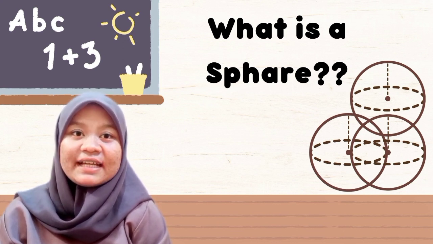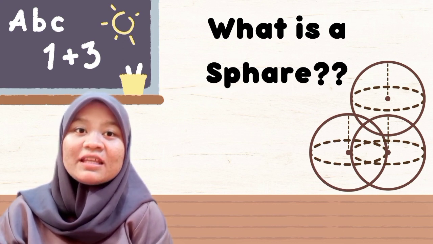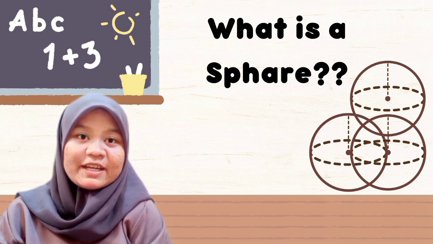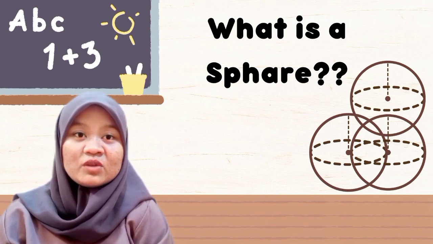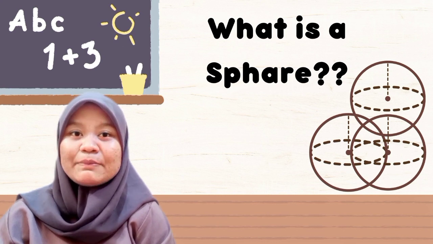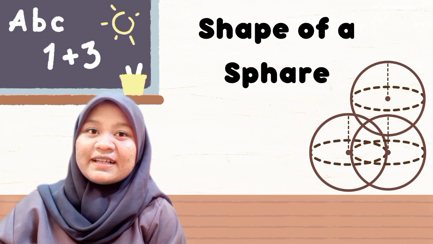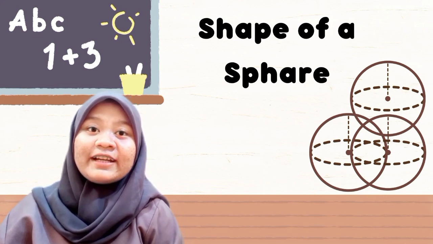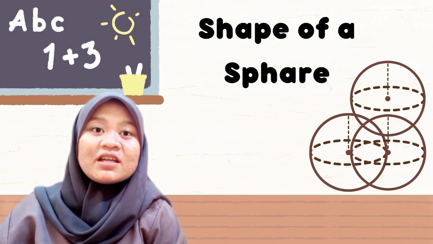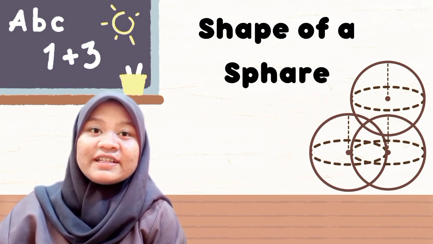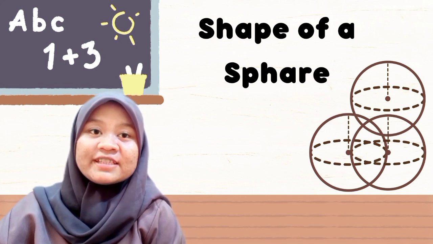Third is surface area. Surface area is the region occupied by the surface of the sphere. Fourth is volume. Volume is the amount of space occupied by a spherical object. Shape of sphere. The shape of a sphere is round and it does not have any face. The sphere is a geometrical three-dimensional solid having a curved surface.